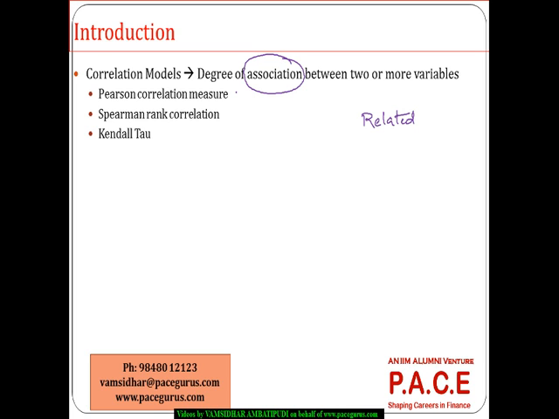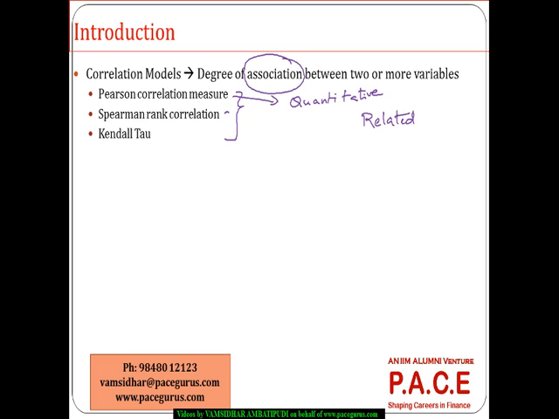And there are three statistical ways of trying to measure this correlation. The most common one, which we always keep seeing, is the Pearson correlation measure, which is more applicable if the data is more quantitative in nature.